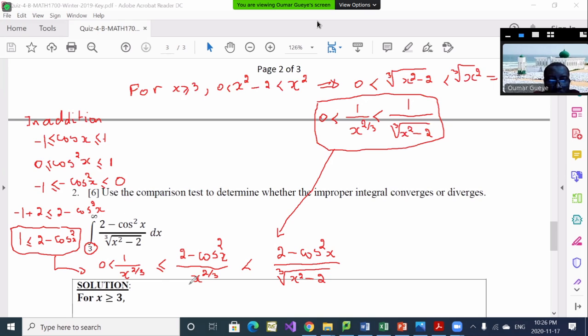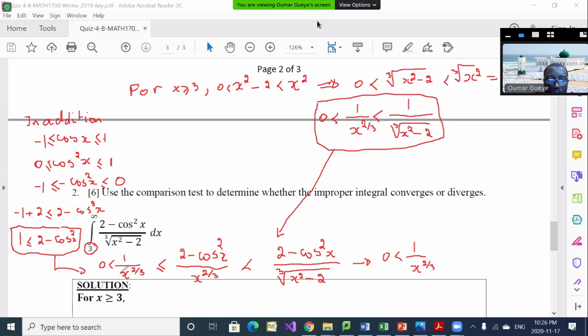And I prove now the function is less than, so it means 0 is less than 1 over x to the power 2 by 3.